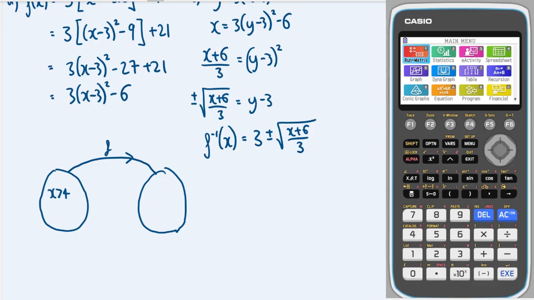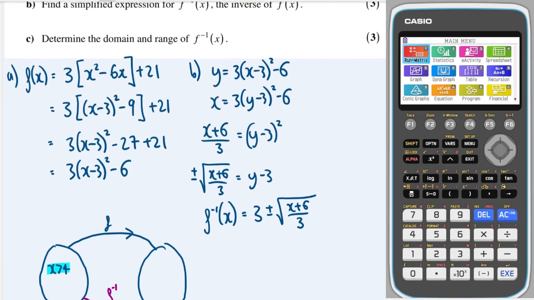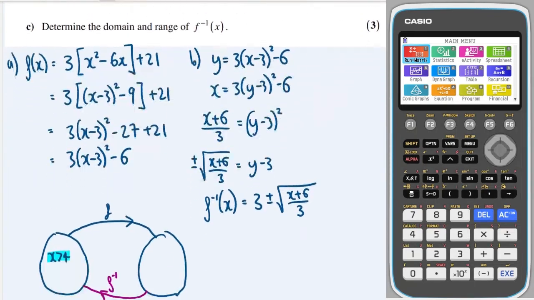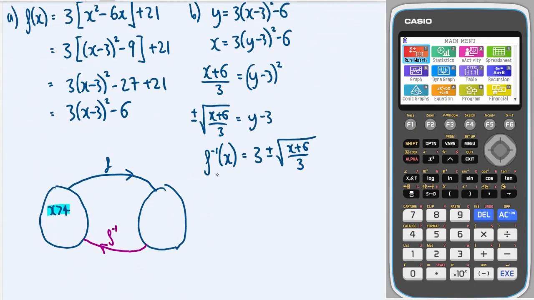And if we want to go the other way, we'll need to use the inverse function of f. So what this tells us is that the domain of f is the same as the range of f to the minus 1. So my domain of f is x is greater than 4, and that has to be the same as the range of the inverse function.